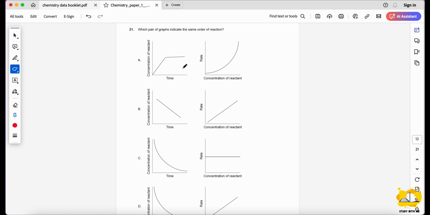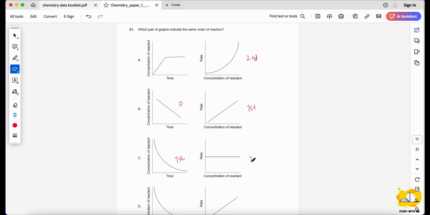Number 21, which pair of graphs indicates the same order of reaction? If it's rate against concentration of reactant, like this graph, this is second order, this one will be first order, and this is zero order, and this will be first order. Be careful with the labeling of the y-axis and x-axis.